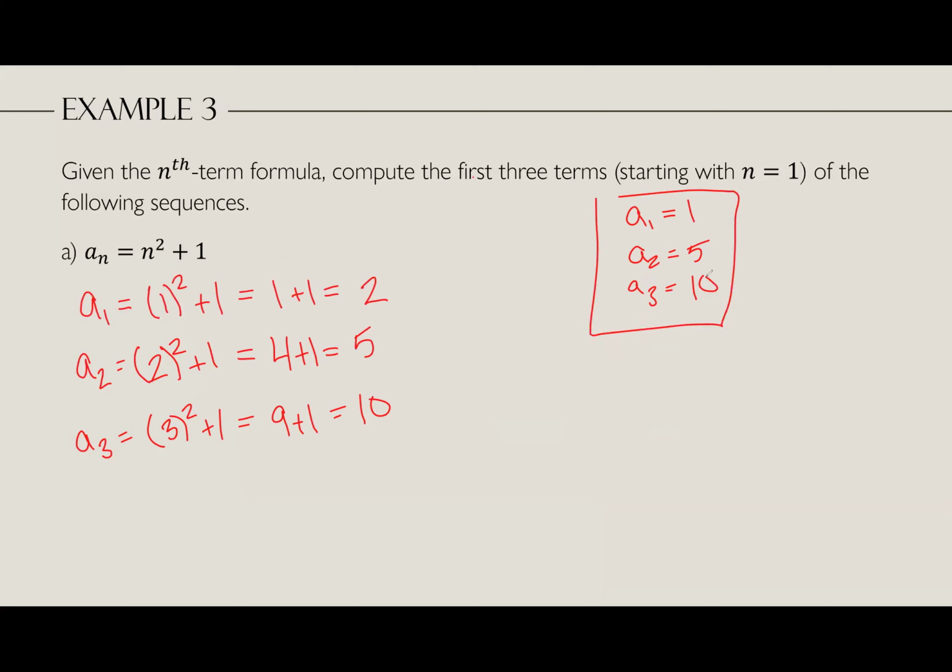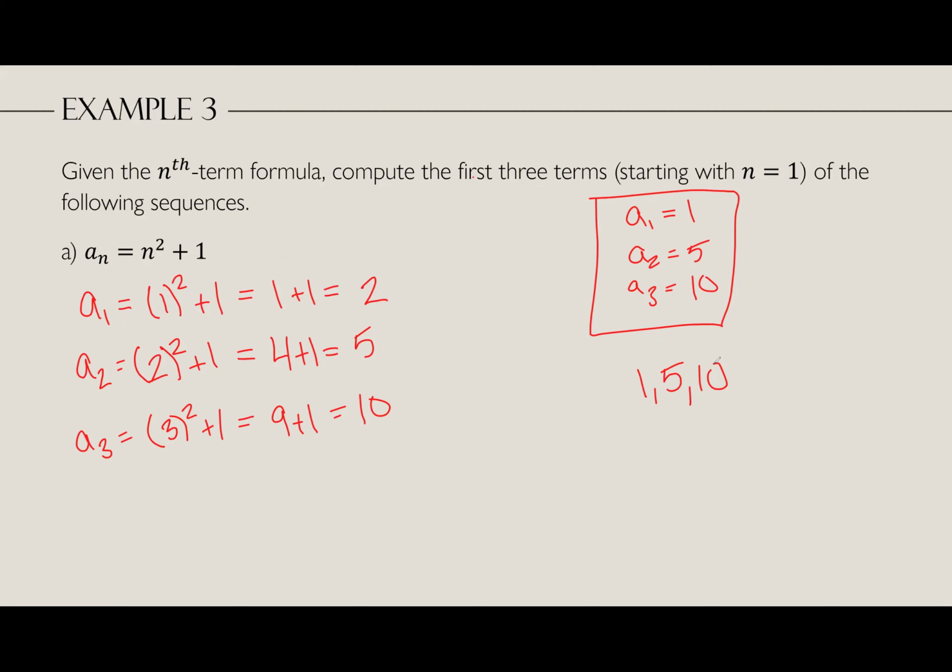Giving me the first 3 terms of my sequence, 2, 5, 10. Or if you want to write it, you can write 2, 5, 10 with commas in between. So we've got the first 3 terms of the sequence if I have the nth term formula. So really I'm asking, can you plug in 1, can you plug in 2, and can you plug in 3?